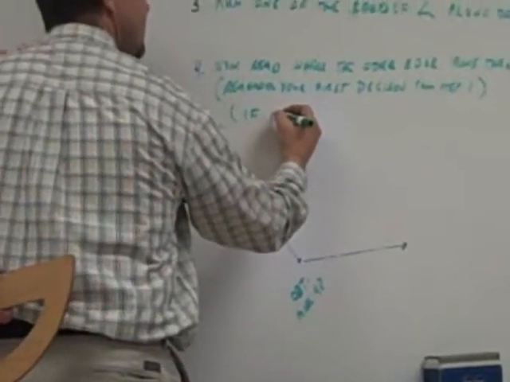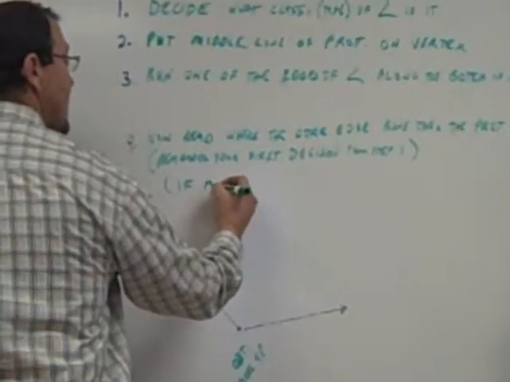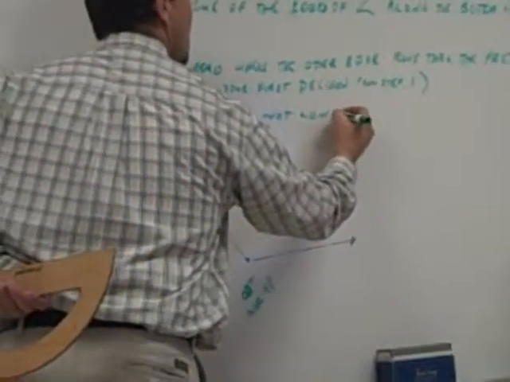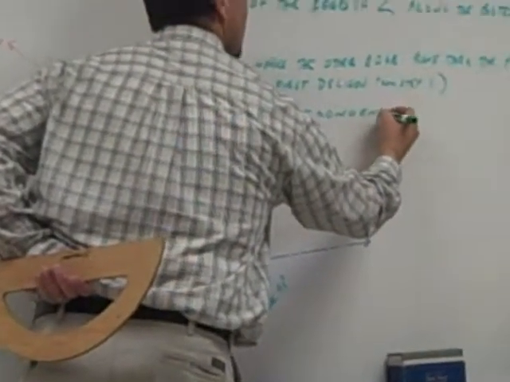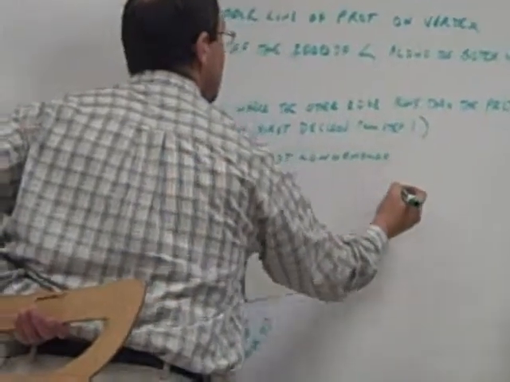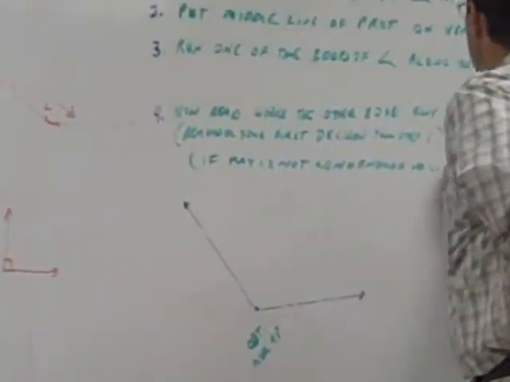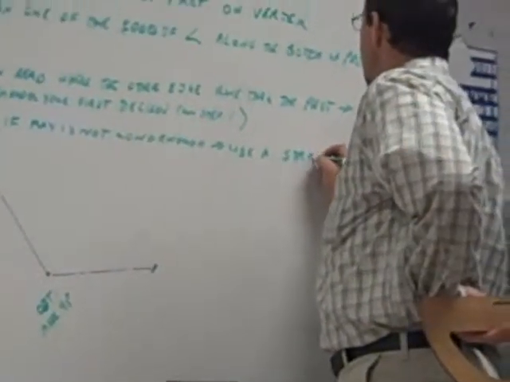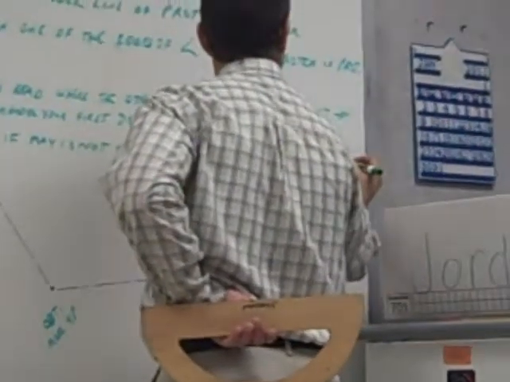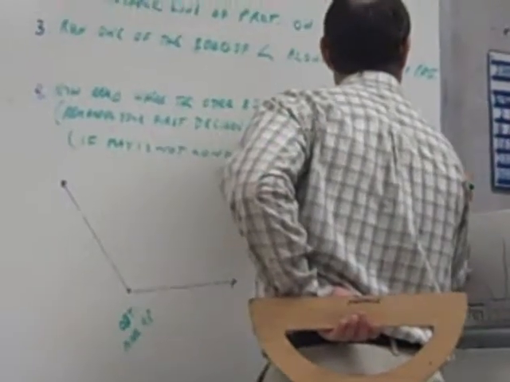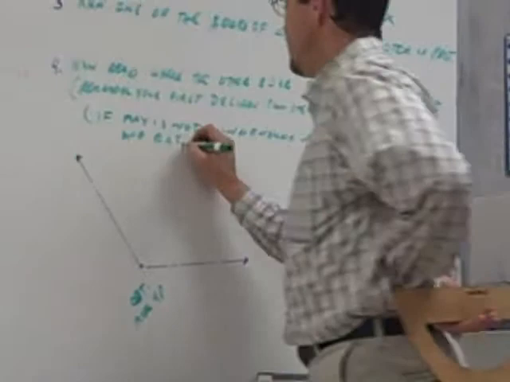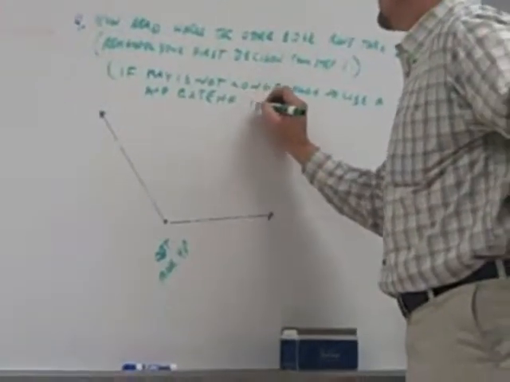If ray is not long enough, what do? Make it longer. Use a straight edge and extend it.